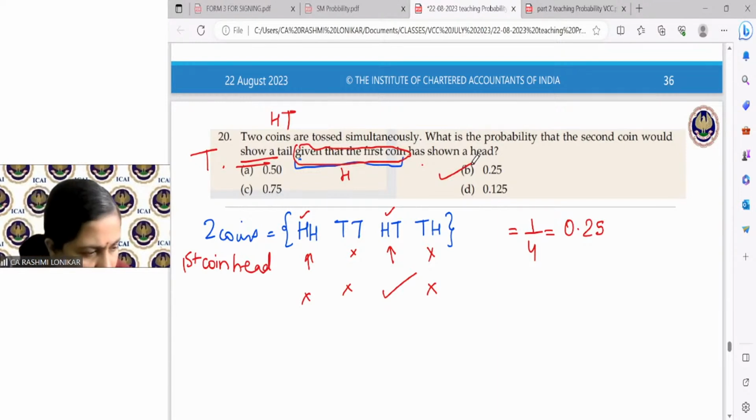No, no, that will not be the right answer then. What is the probability that the second coin would show a tail given that the first is a head? Had they only said what is the probability that the first coin is a head, it can't be half, no? There is only four possibilities. Okay? This is the correct answer.